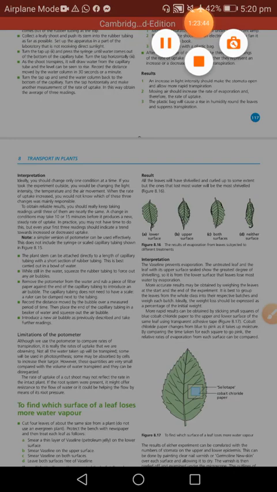Okay? Let me tell you, for example, this is a leaf. Imagine water molecules as blue dots. For example, there are some blue dots in the outer atmosphere.